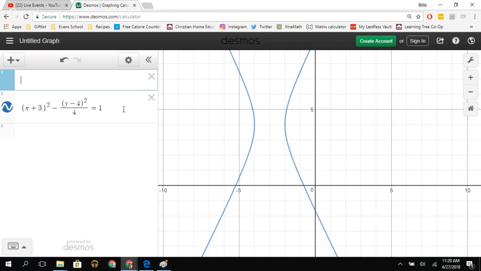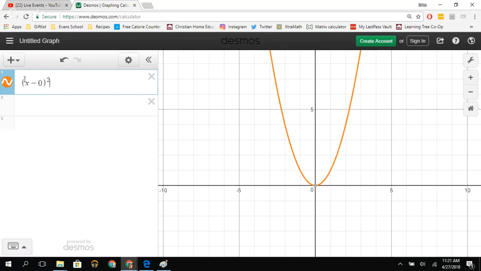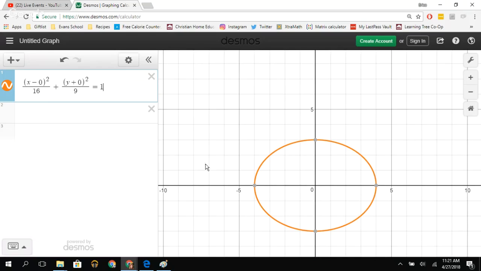Okay, and then last up, we have our ellipse. So remember, you start off the equation like that, and then we will have, okay, there's our nice ellipse.